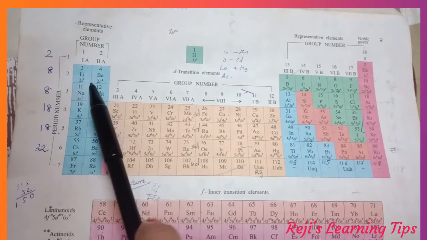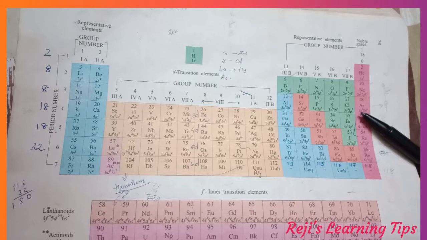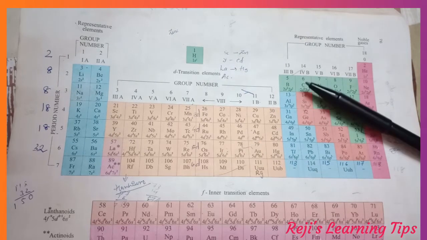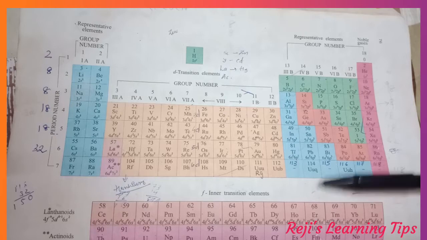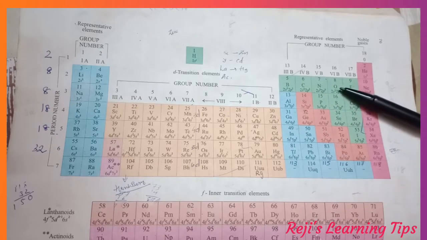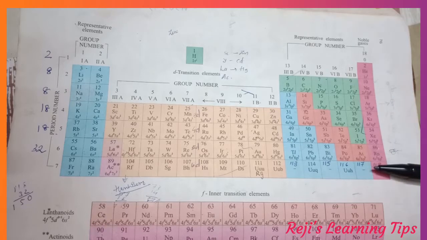This S block together with this P block are collectively known as representative elements or main group elements. The 13th group is the boron family, this is the carbon family, this is the nitrogen family, this is the oxygen family, also known as chalcogens, this is the halogen family, and this is noble gas. The 18th group means noble gas.